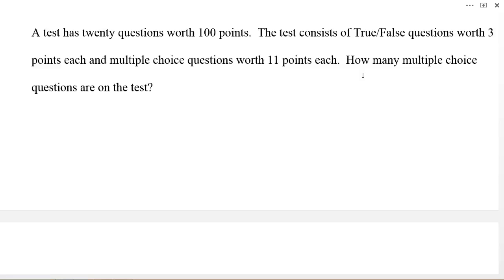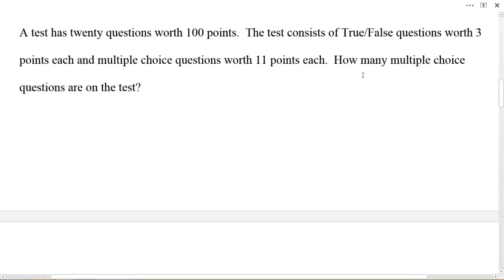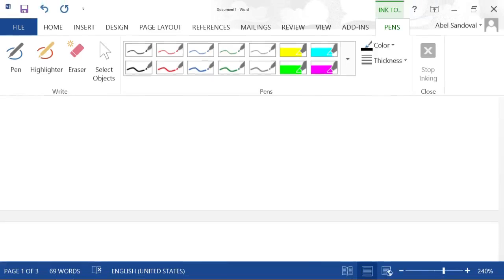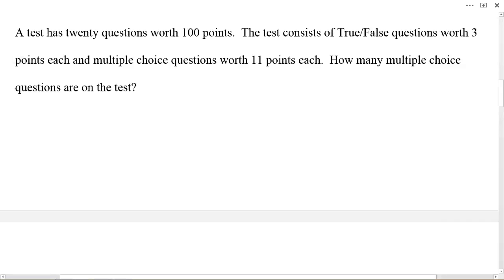So it's saying the test consists of true and false questions. So let's write this down. Hold on, let me get my pen. Okay, so the test has true/false questions and has multiple choice questions. So I'll just write M for multiple choice questions.